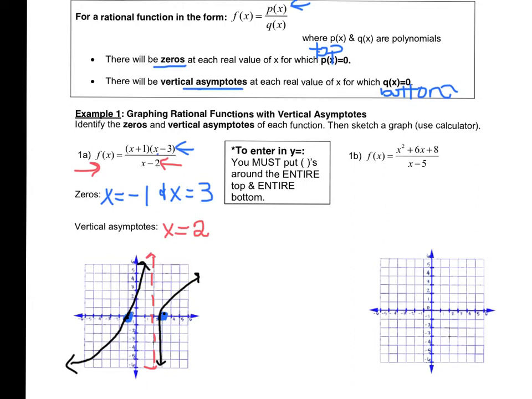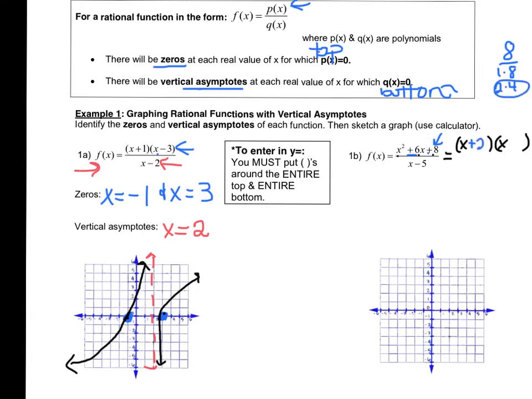Now on B, when you want to find the zeros, you need to figure out what x is by factoring that top first. So we're going to break it into 2 sets of parentheses, the 2 factors, with x and x, and we need to find the factors of 8 that add up to get 6. So the factors of 8 that add up to 6 will be 2 and 4.